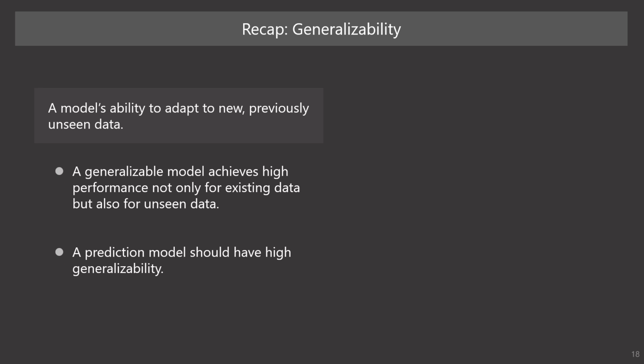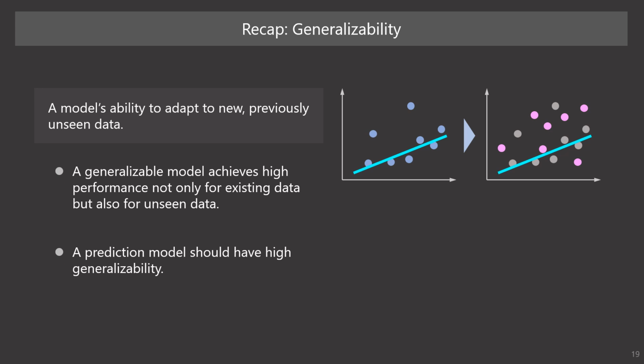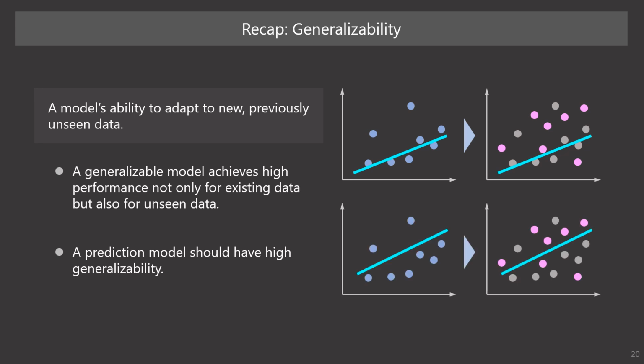That is, a prediction model needs to achieve high prediction performance not only for existing data, but also for newly unseen data. So, even if the prediction model performs well for existing data, it is useless if it performs poorly for new data. On the other hand, even if the model performs a little poorly for existing data, it is useful if it performs well for new data.